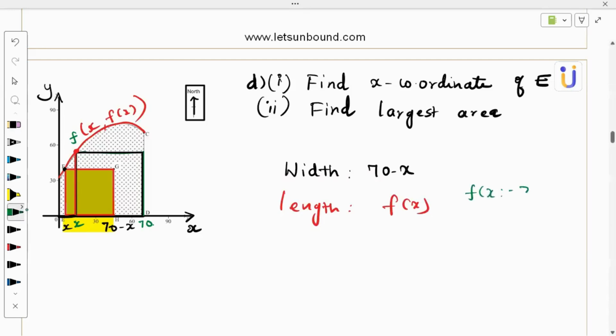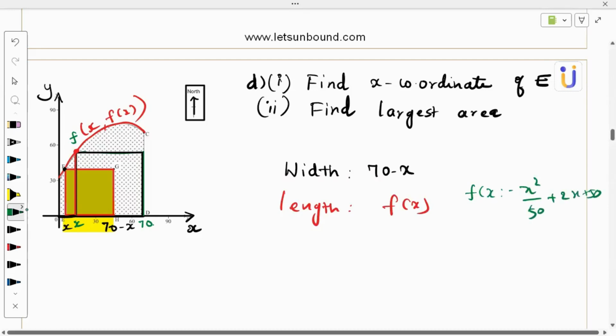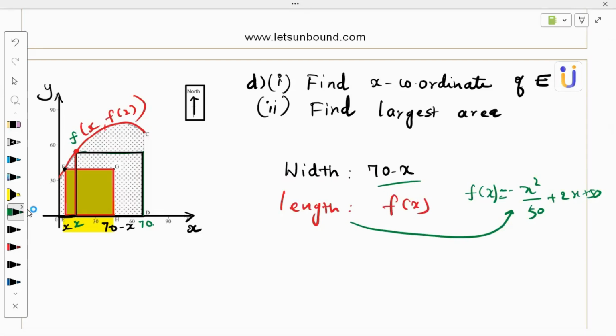The curve's equation is minus x squared by 50 plus 2x plus 50. So that's it. Your length is this, your width is this, and since it's a square, length and width will be the same. Now you can equate these and then find the particular x value. This will complete the first part in D, right?